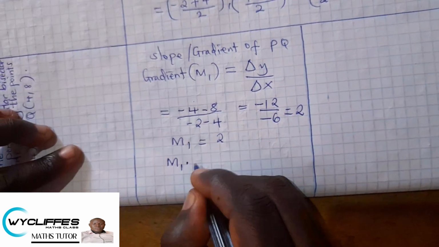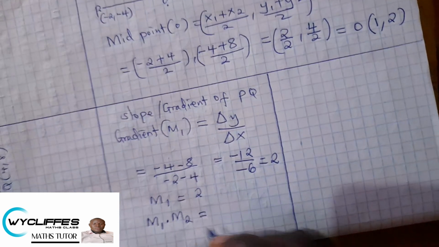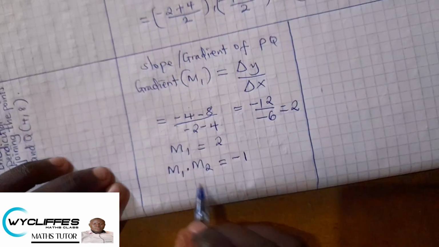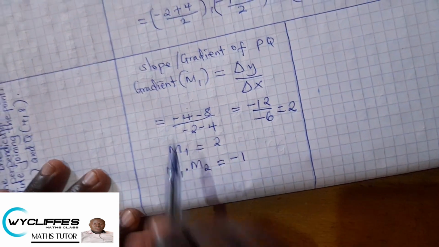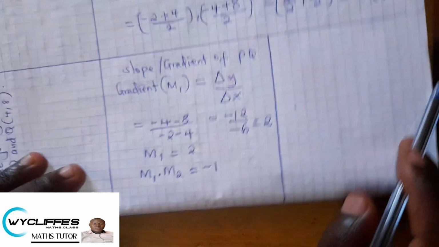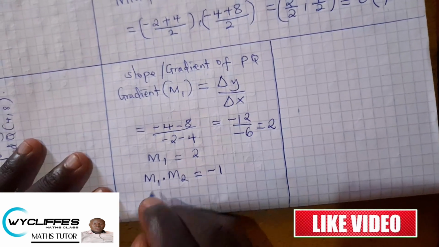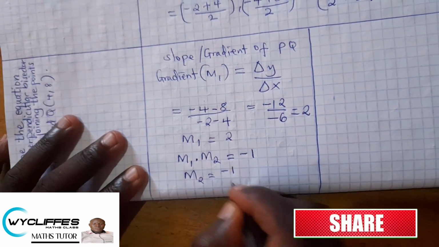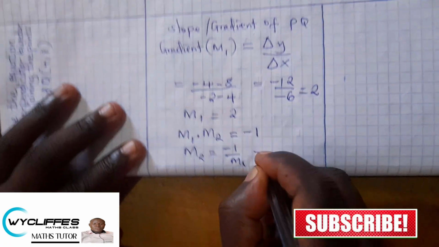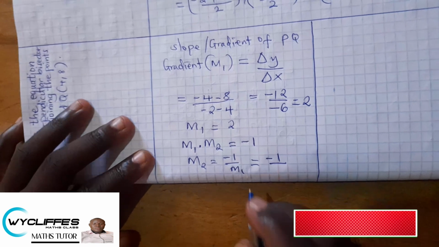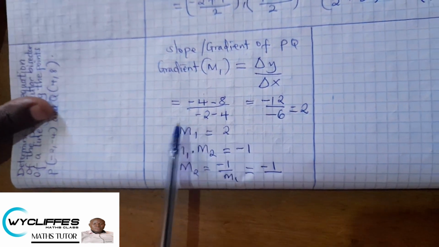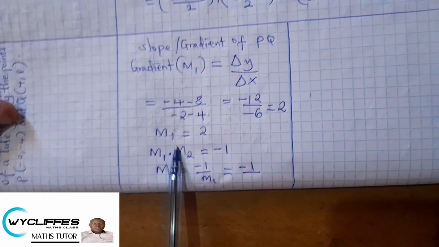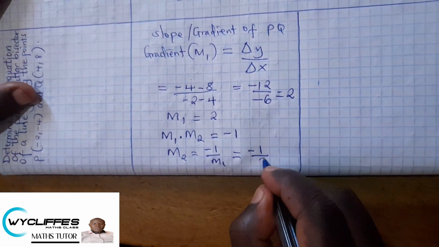So M1 times M2 equals negative 1. M2 is equal to negative 1 over M1. M1 was the gradient of line PQ, which is 2, so we divide by 2.